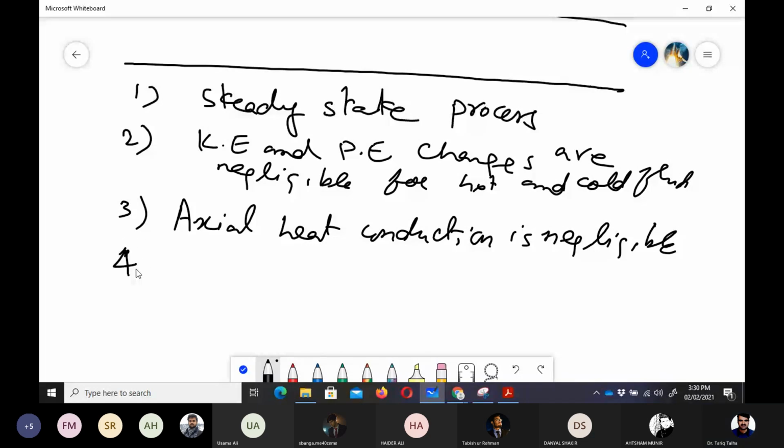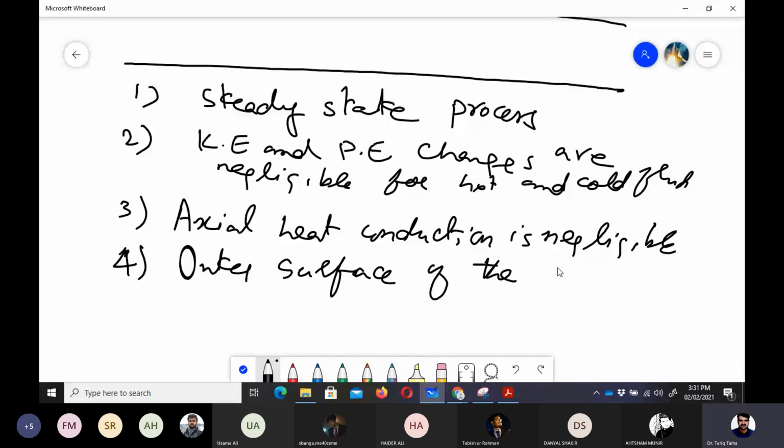And then number 4, we have the outer surface of the heat exchanger is perfectly insulated.